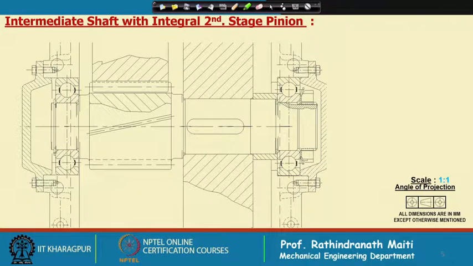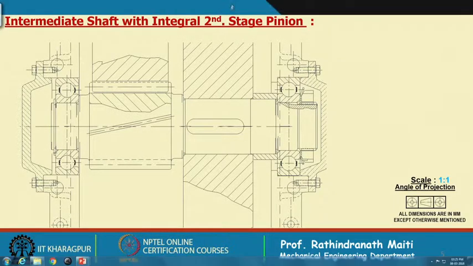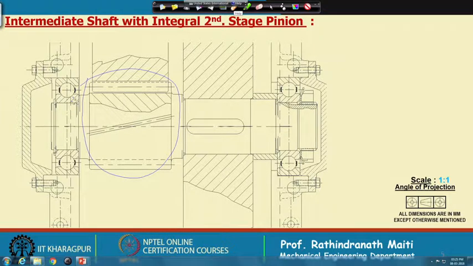That will not be much laborious, because already it is developed, with a little manipulation in the AutoCAD, this can be managed. Okay. So, in this intermediate shaft, what we find is that there is the integral pinion here, integral pinion with the shaft, and this bearing is loaded with higher radial loads, because this pinion is close to this bearing.